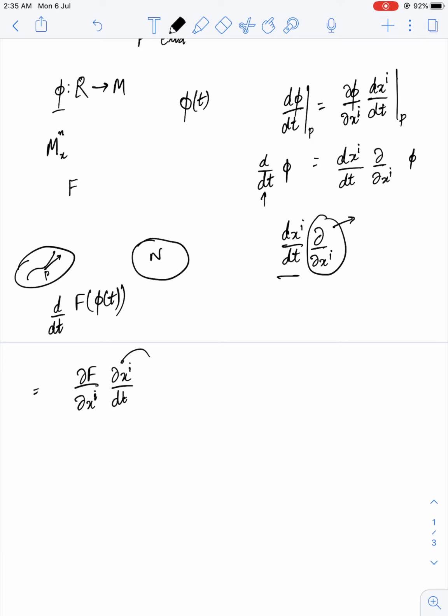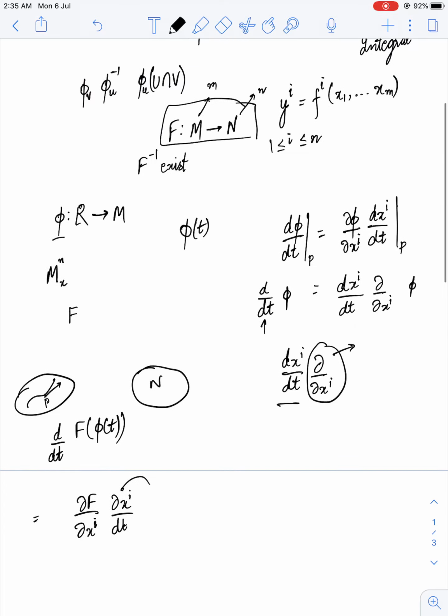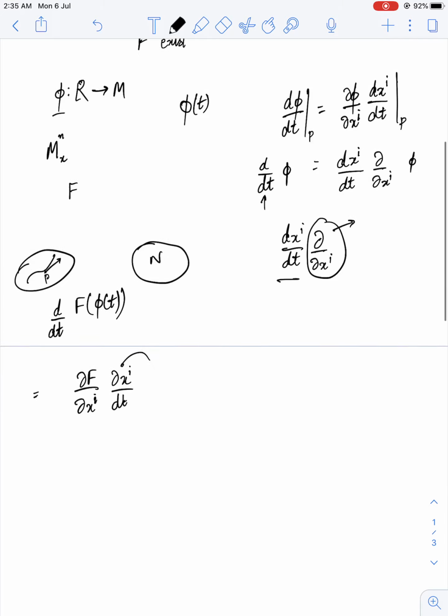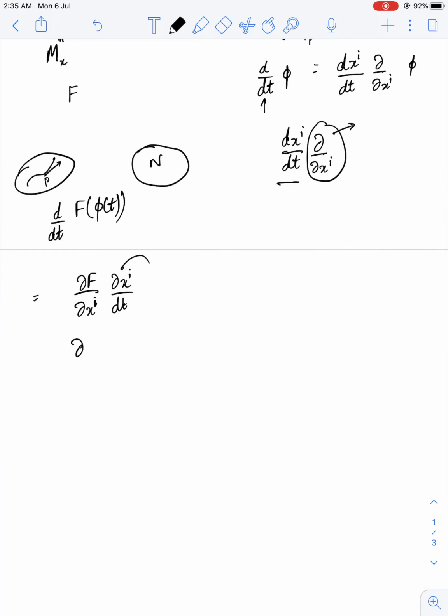Now this f consists of tuples. I can use y here as well: dyj by dxi, and I should use total differentiation here.